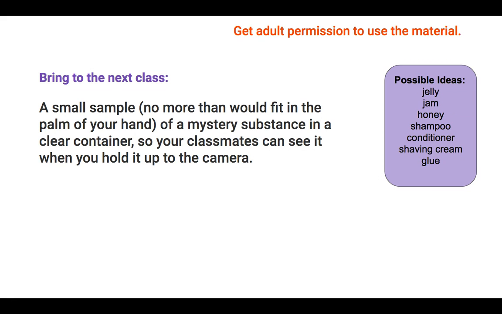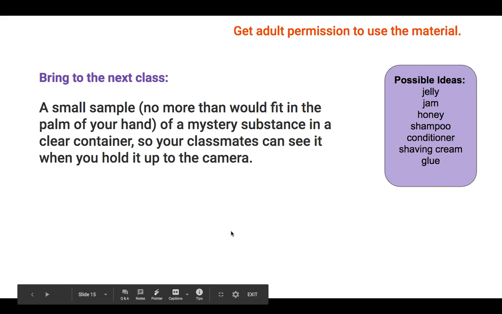It can be something that is liquid or solid or powder. It can be opaque, which means you cannot see through it, or it could be translucent, where you can see through it. Please make sure that you get adult permission to use whatever your mystery substance will be.